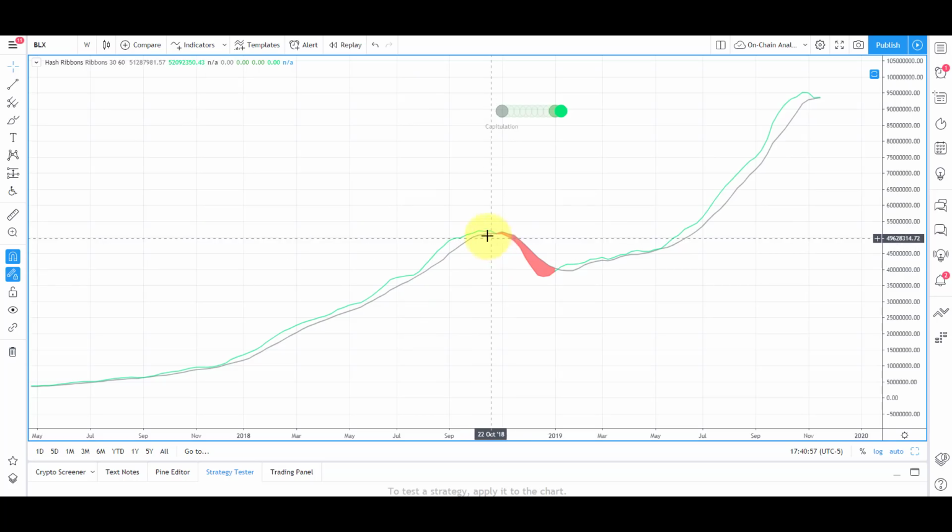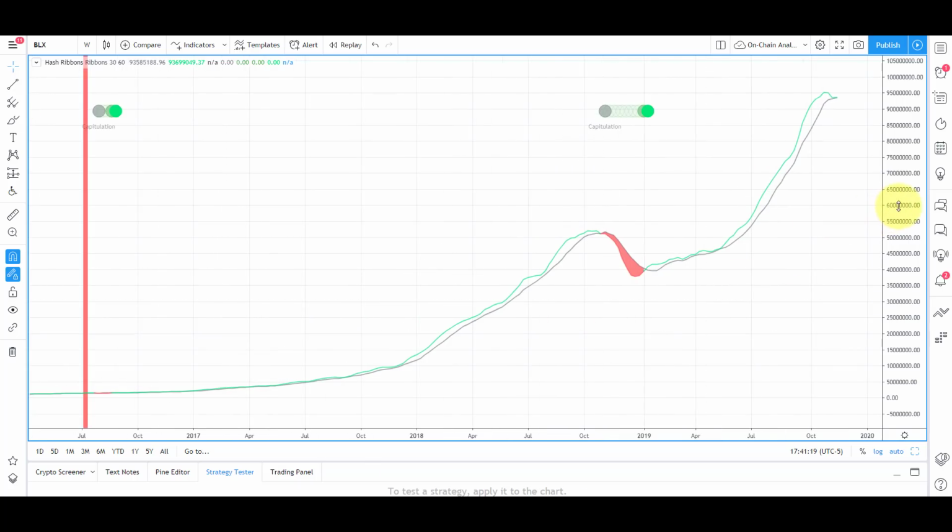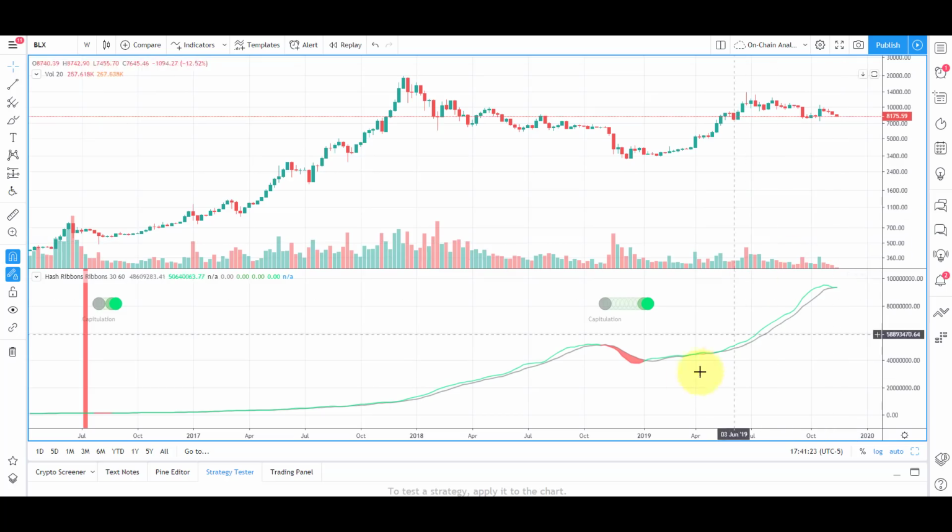You'll see that traders will use that sometimes, where if the faster moving average crosses over the slower moving average, that's a signal that there's more downside coming. So with applying that to hash power, which you can graph in TradingView, you'll get a similar type of signal, and it's pretty reliable.